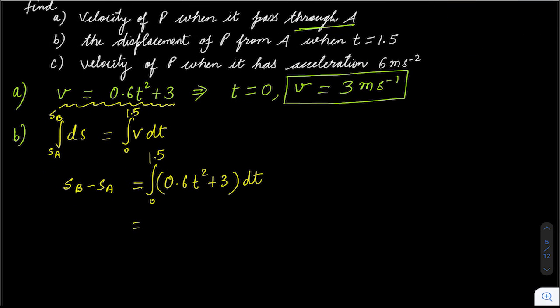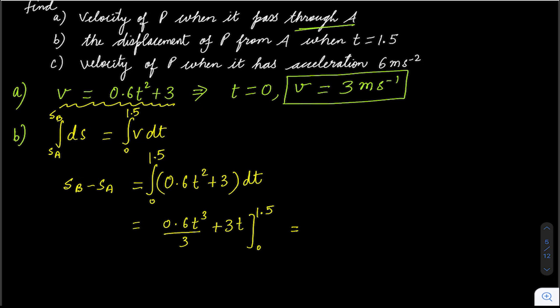So what we will get here is, let's integrate this. This will be 0.6 t cube over 3 plus 3t, and the limits are 0 to 1.5. So first we will substitute 1.5 in this, then minus we will substitute 0. So obviously when we substitute 0, it is 0.